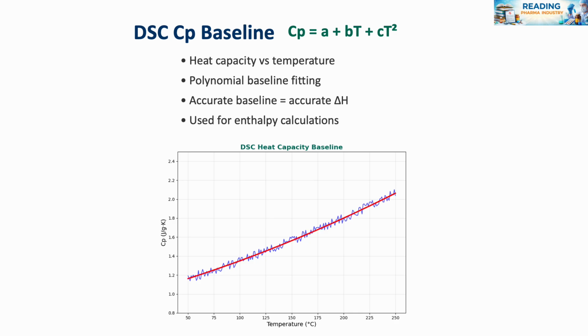The equation Cp equals A plus B T plus C T squared gives a polynomial baseline. That means an accurate baseline, which will of course give us an accurate value for delta H. This is very important because it is used for enthalpy calculations in melting and crystallization analysis.